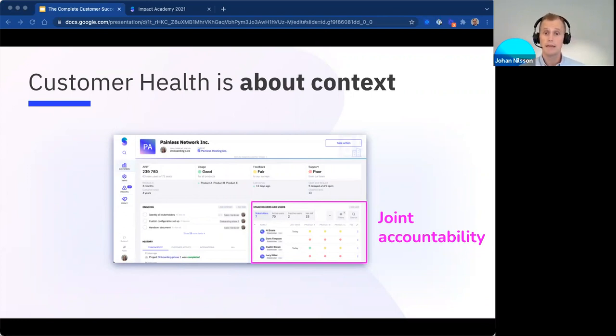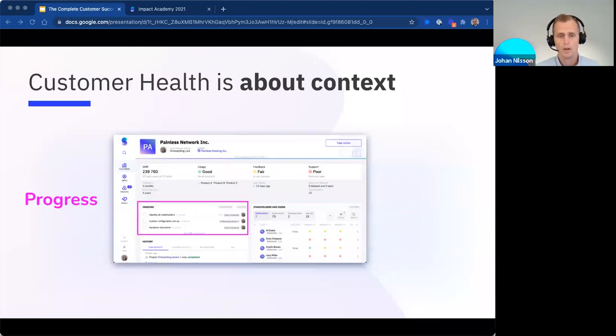Another part of context is understanding who is the customer, who are the decision makers, who are the super users, who are the main users. There can be many layers here, but we are in this together with the customer. So it's about joint accountability. We need to know who we're working with, and we need to know all the stakeholders on the customer side. And we need to know, are we making progress? A customer that has some usage, they're okay with the experience, but we are not driving any progress, that is a risk customer still.